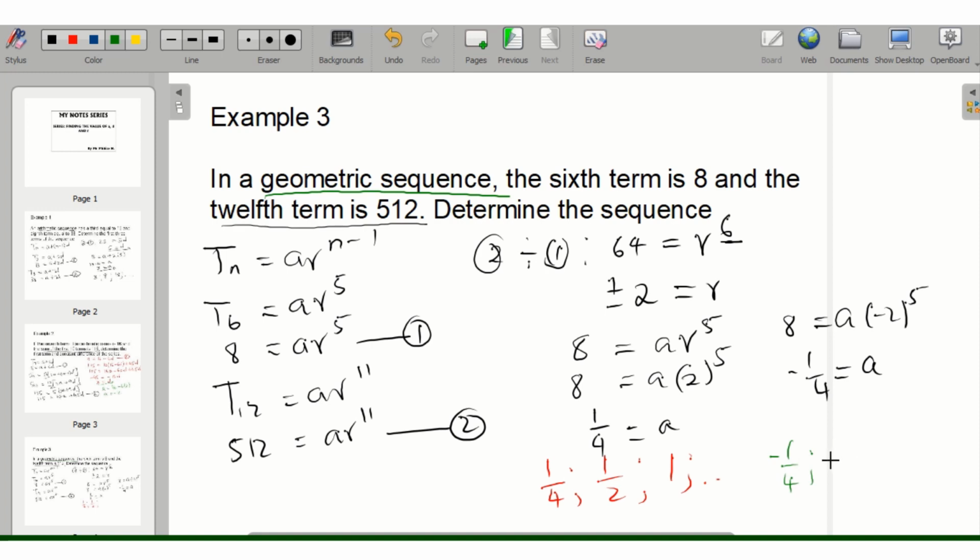If you multiply by minus 2, that will be positive half. But if you multiply by minus 2 again, it will be minus 1. So in this particular case, it's very important to remember that there are two possibilities, because 6 is an even number, which means we are looking for an even root. And an even root has two possibilities.